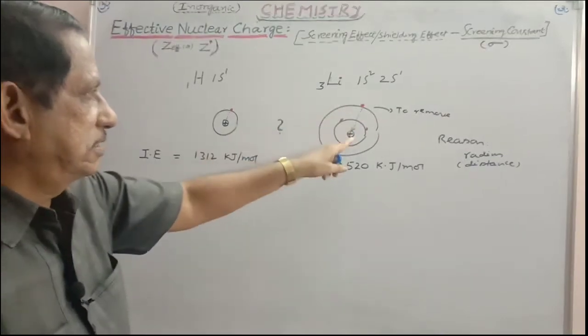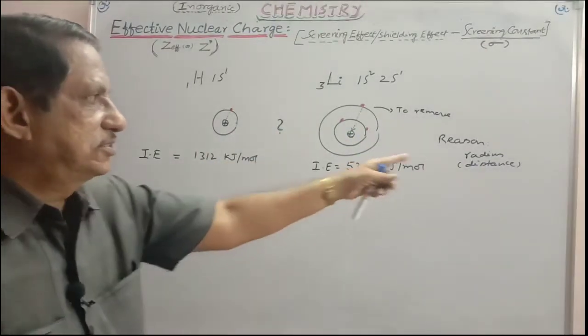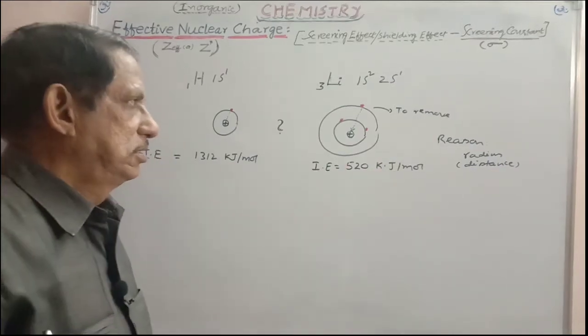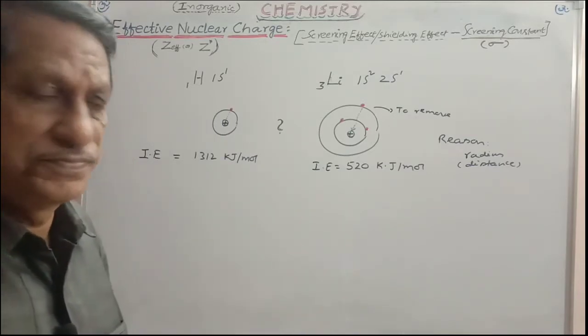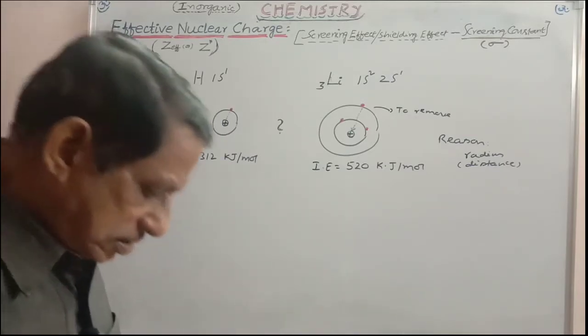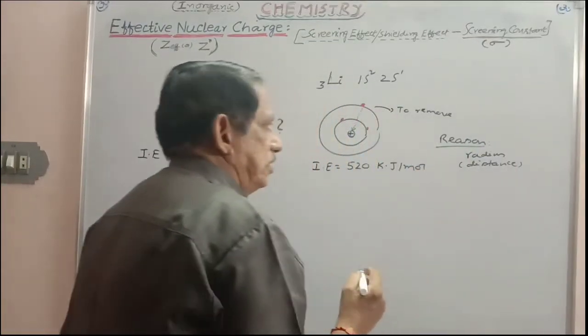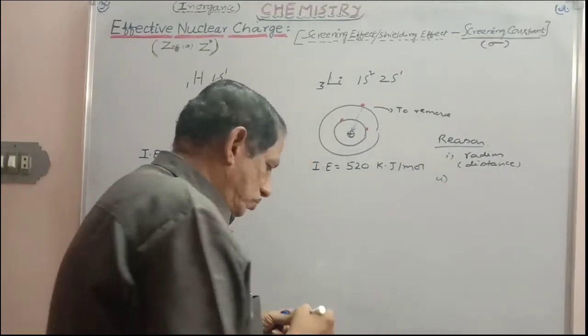So this electron is attracted by the nucleus, which has 3 positive charges. As the distance is increased, attraction is decreased. That is why, up to some extent, this is reasonable. But how can you expect that much decrease? A very vast decrease is there. So this reason alone is not sufficient to account for this large decrease. Some other reason may be there. What is that? That you have to now consider.